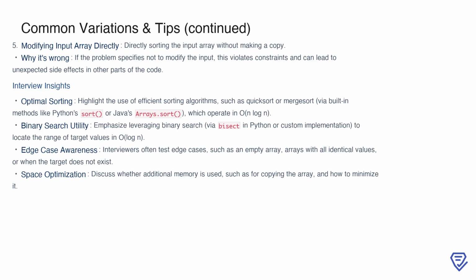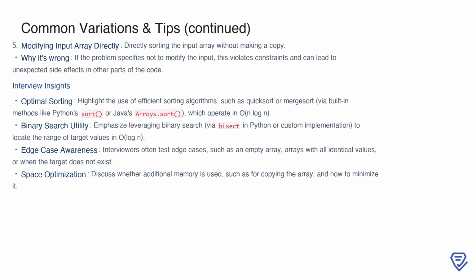From an interview perspective, it's important to highlight the use of efficient sorting algorithms such as quicksort or mergesort, which are often implemented in built-in methods like Python's sort or Java's Arrays.sort. These methods operate in O(n log n) time, making them optimal for this kind of problem. Binary search is another crucial technique to emphasize.